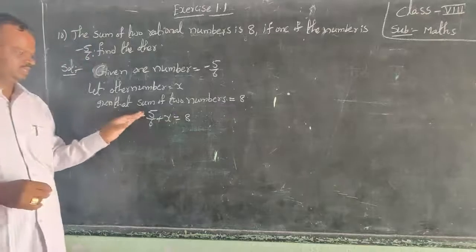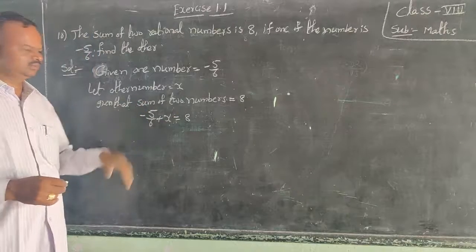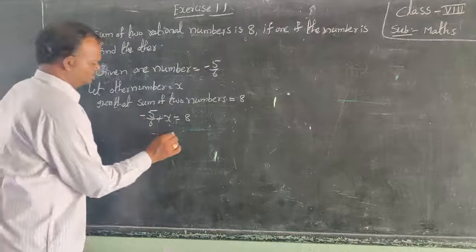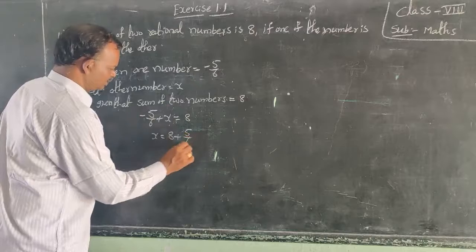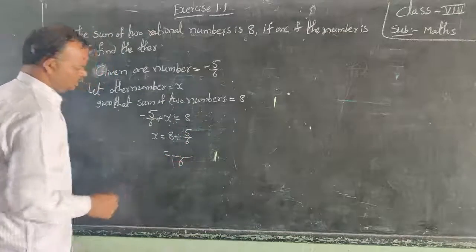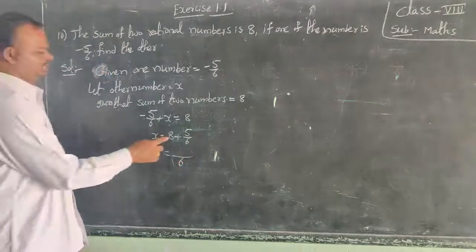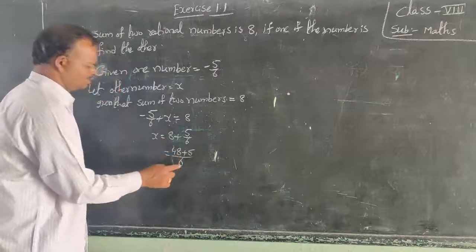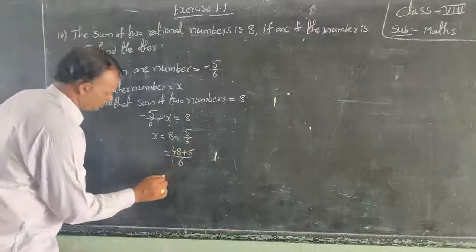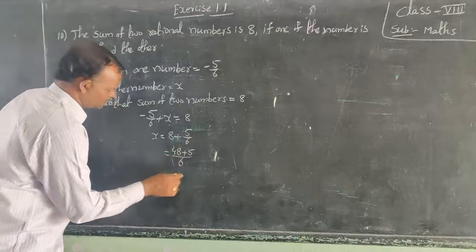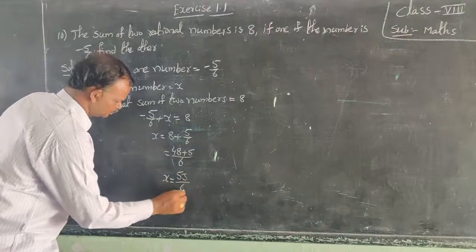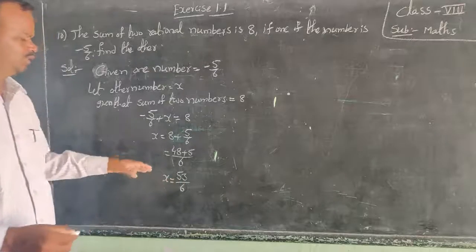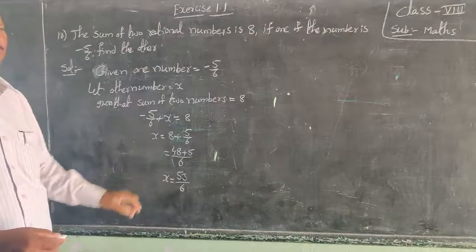Here the first value is minus 5 by 6. Now we are transposing the value. The negative value changes to positive. x is equal to 8 plus 5 by 6. 8 times 6 is 48, plus 1 into 5 is equal to 5. x is equal to 48 plus 5, the value is 53 by 6.